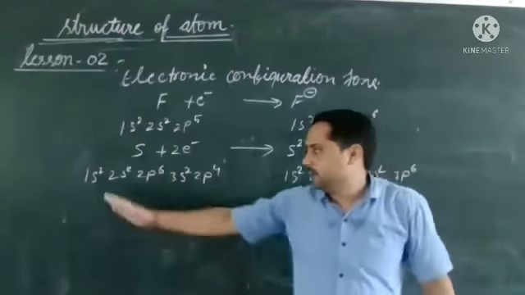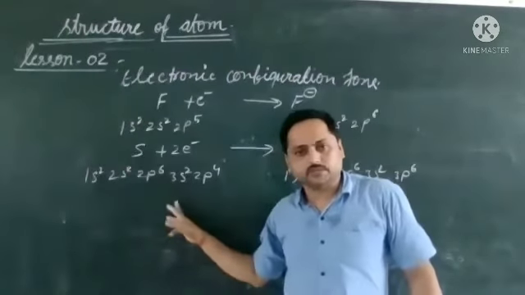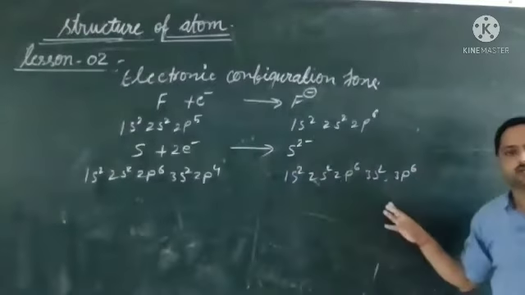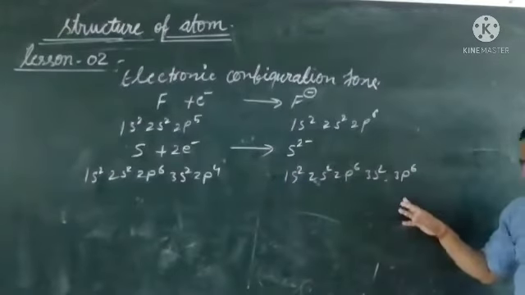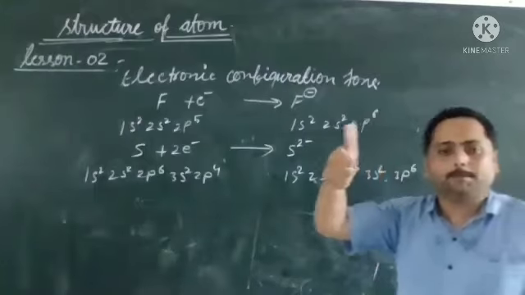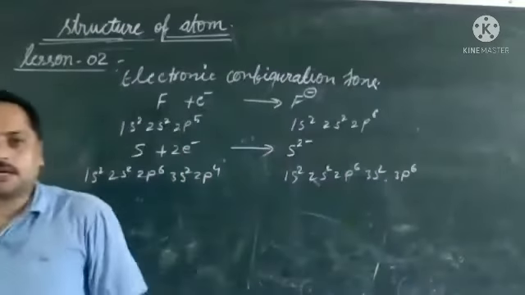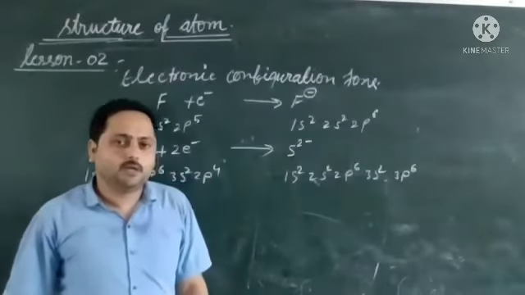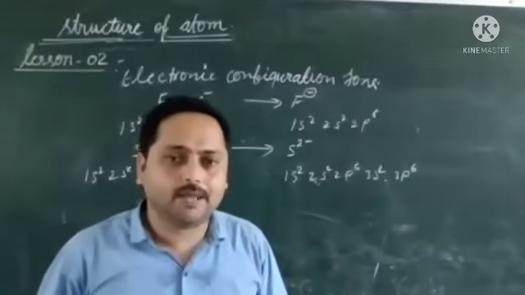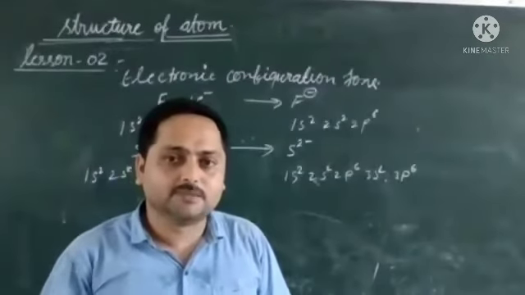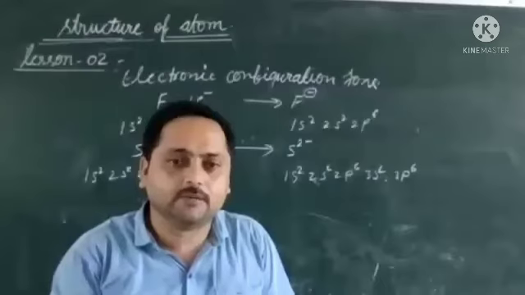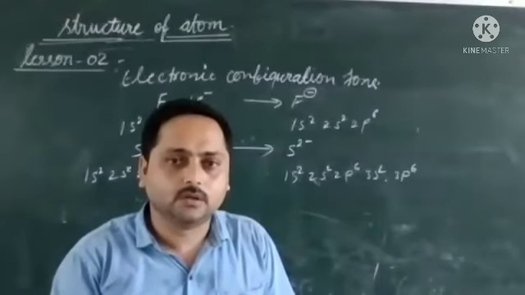Just to see that the atom's electronic configuration is this and the ion's electronic configuration is this. So those who have written correctly, please give a thumbs up. Yes. Some students are performing very well.